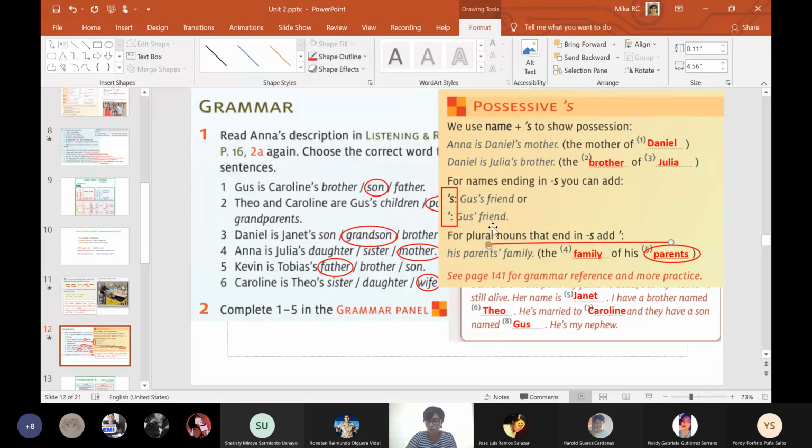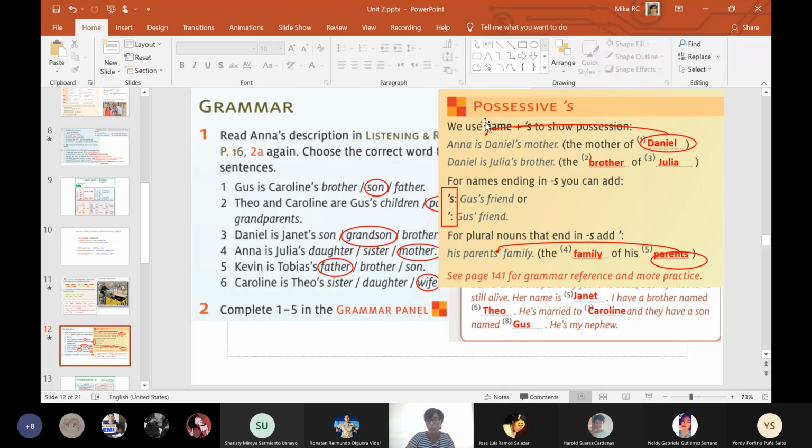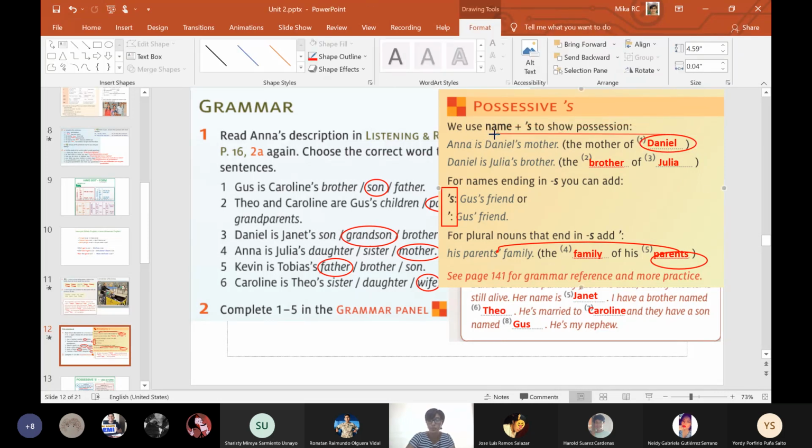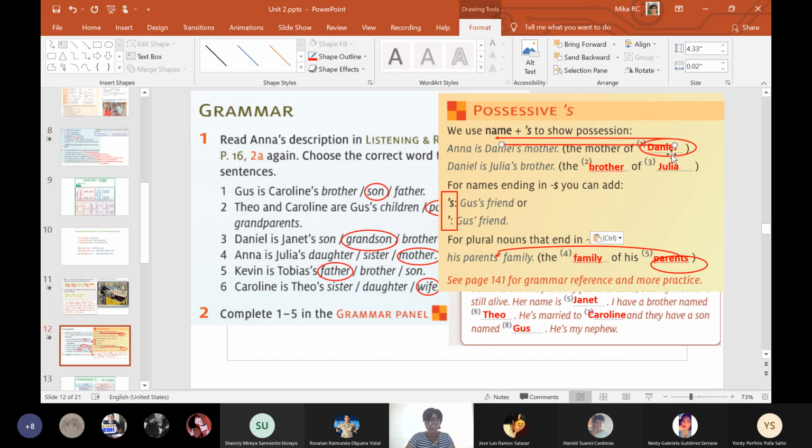Okay, there you have. Here you have the correct position. Yep. For example, la mamá de Daniel. Entonces primero vamos a hablar de Daniel. Sí, primero mencionamos Daniel, el posesivo. That means de. And mother. Okay. Es todo al revés. So I'm going to copy that one more time. Here you have Daniel, right? La mamá de Daniel. Aquí lo importante es la mamá. But in English, we're going to say, let me see.